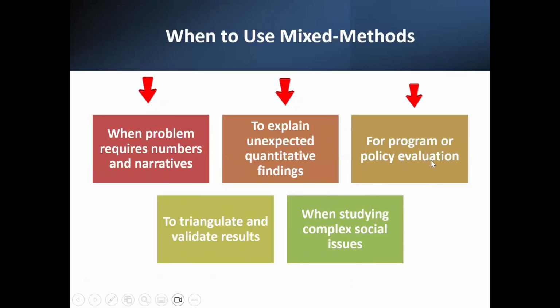For program and policy evaluation, if you actually want to evaluate policies or programs, there's need for you to do a mixed method research so that it will be robust enough to triangulate and to validate results, to be sure that the result you have gotten is correct.